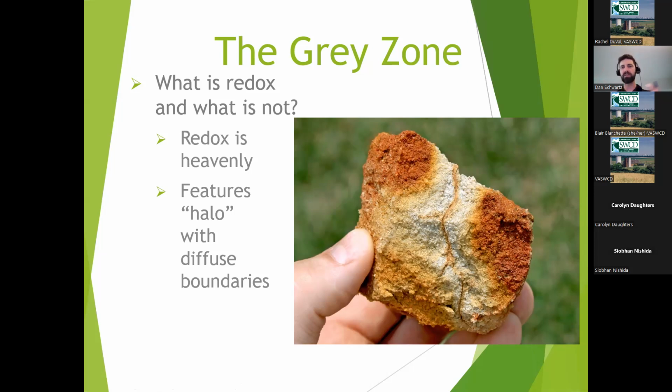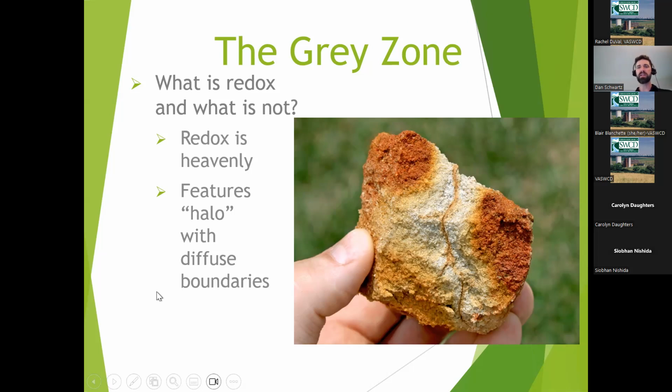And it slowly diffused out with the water until it hit these more oxygenated pockets a little bit further away from the root. And you can see that nice transitional halo as you move from that almost white gray color around the edge of the root channel to that really brick-like red color, just 2 or 3 centimeters away. And then that beautiful orange, yellow to orange transition in between.